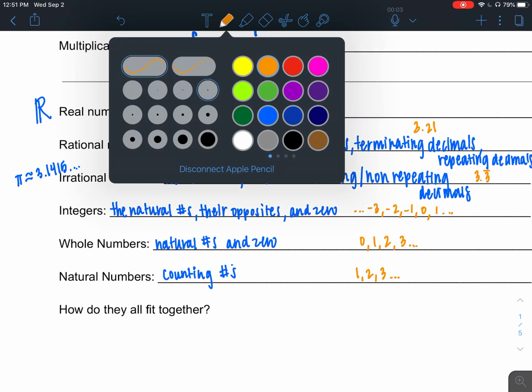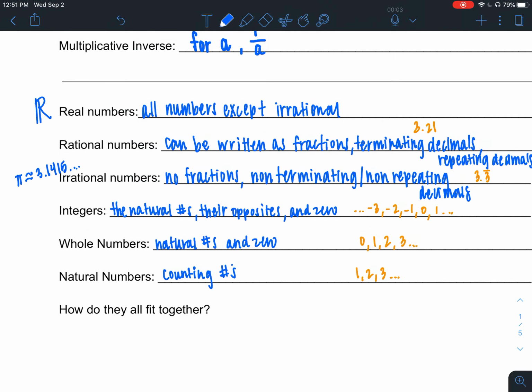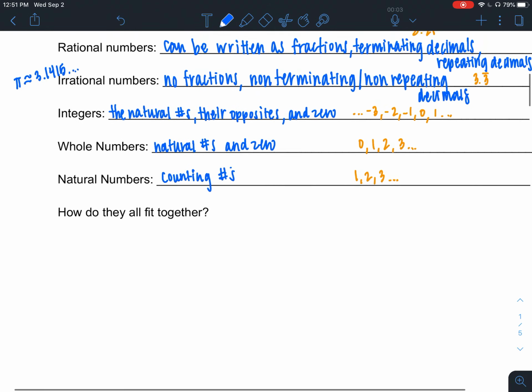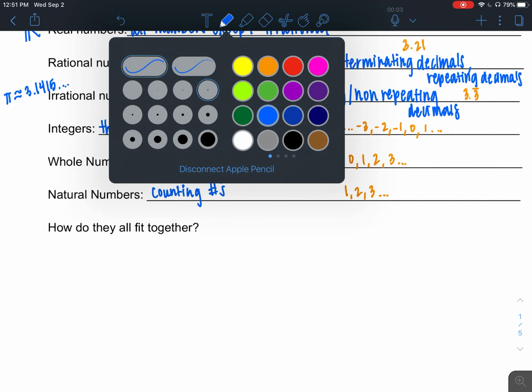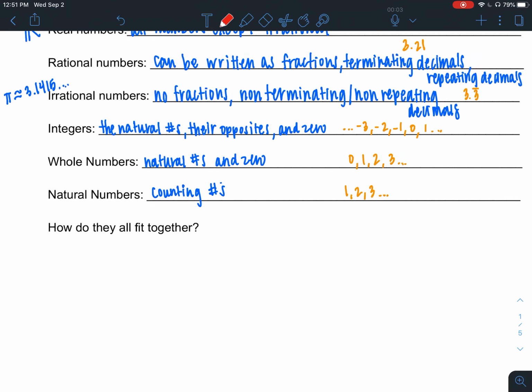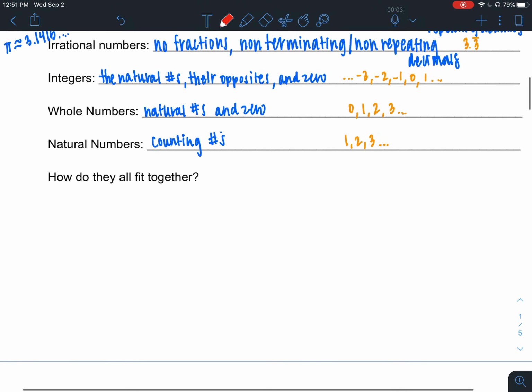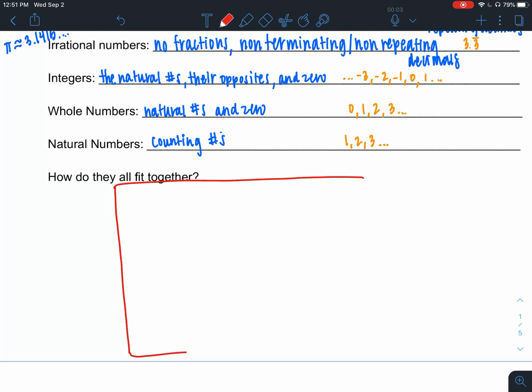Okay? Then we want to talk about how they fit together. So, I guess I should have labeled these with different colors, but it's okay. Let's use red. So, I have a space of this right here, and this is just all of our numbers.